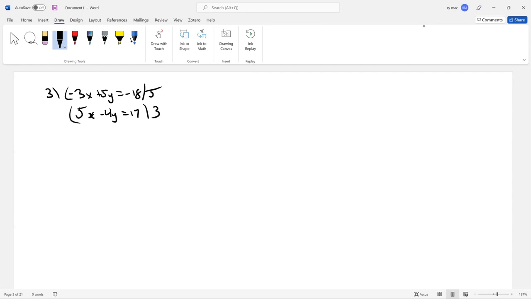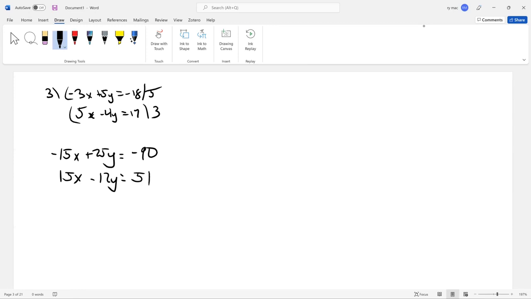So in that case, my equations change to negative 15x plus 25y equals, that ends up being 18 times 5 is a negative 90. And my bottom one, it will also be 15x. It'll be minus 12y, and that's equal to 51.